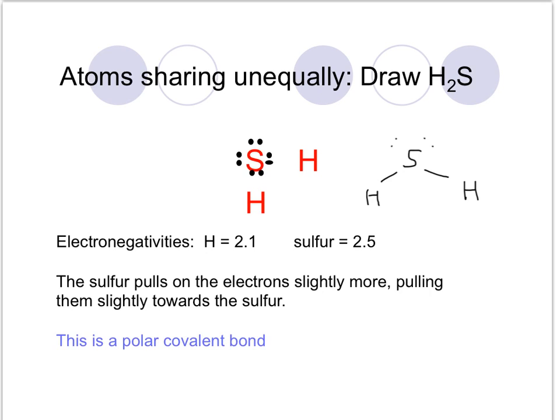In the molecule of hydrogen sulfide, we will focus on the fact that there are two sulfur-hydrogen bonds. If we take a look at that bond, you will notice that it is two different nonmetals, and thus it is a polar covalent bond.